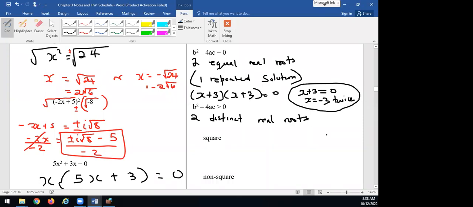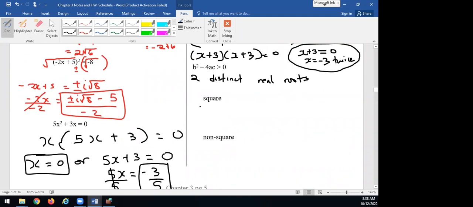Two distinct real roots. So based on the value of your discriminant, you can tell the type of roots that you're going to have. So that's the purpose of it. Now, when you have a square, this is when your discriminant b squared minus 4ac is equal to 0.